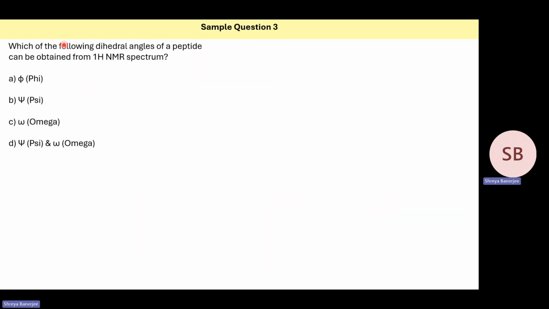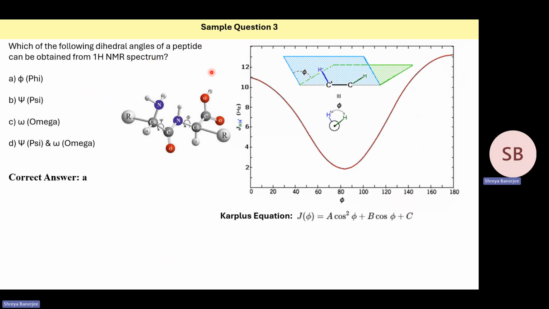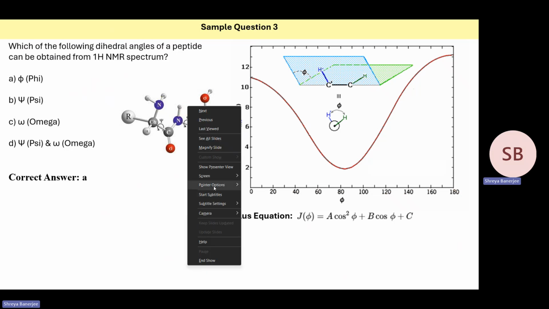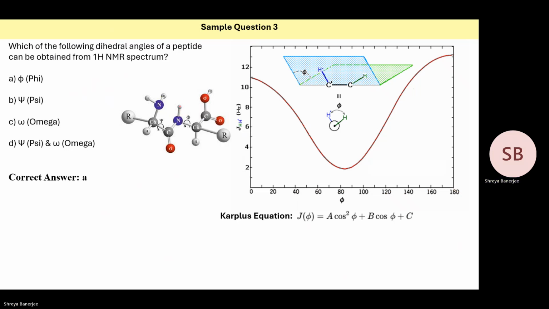Then it is asking, which of the following dihedral angles of a peptide can be obtained from 1H NMR spectra? Now there is something called the Karplus equation. Basically, we will look at the J coupling of this amide hydrogen to the C alpha hydrogen.